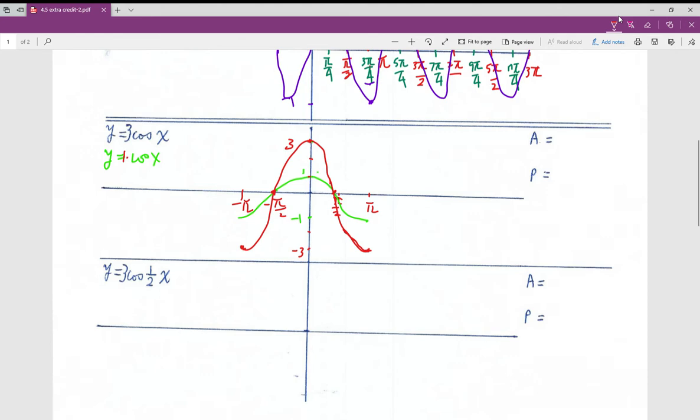Okay, and you may have more angles here. 3 pi over 2, 2 pi. So you have 3 pi over 2, and it goes to 2 pi. Same thing here, negative 3 pi over 2, and it goes to negative 2 pi. So you can go up and up here.